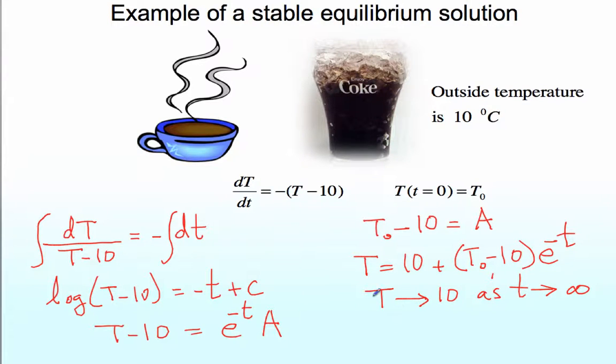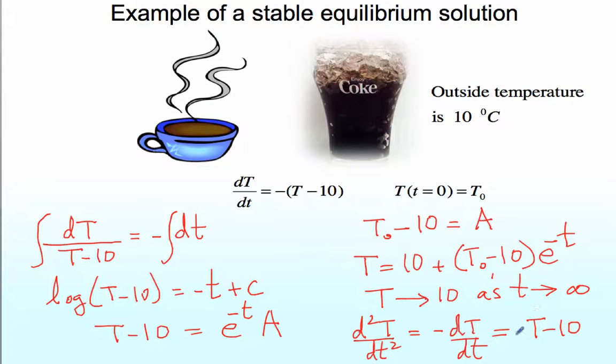Now, there's just one other point I want to make before we go on to look at this graphically. If I take the derivative of this, dT/dt, then I'll get d2T/dt squared, and that's equal to minus dT/dt. But dT/dt is minus of this, so this is T minus 10.